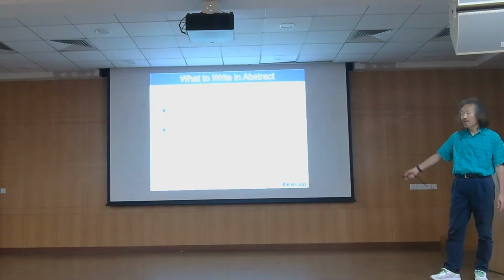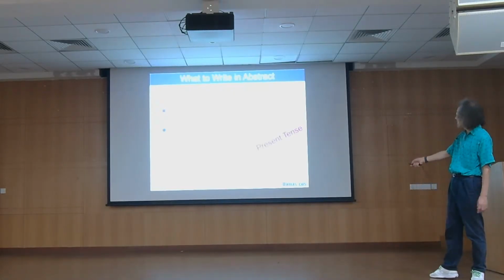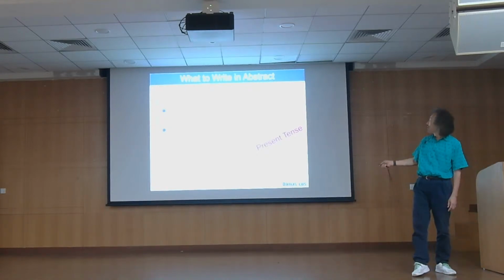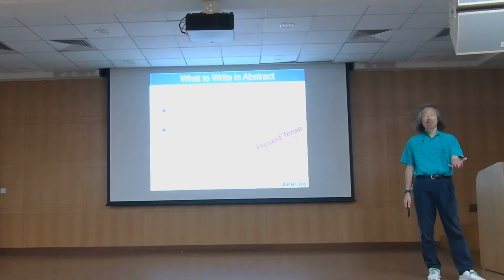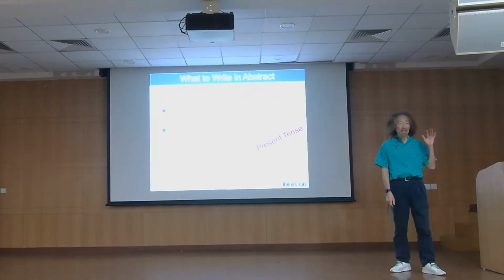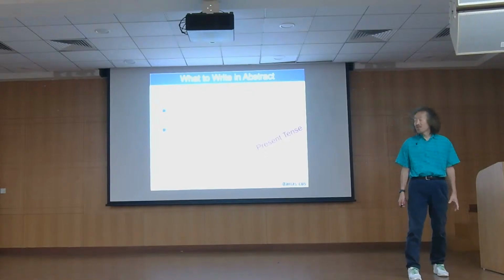So comparison is very important. And one more important thing is that you should use the present tense, because always the abstract is about your paper. Your paper is there, that's a fact. When you describe any fact, you are supposed to use the present tense. So that's why I said this paper proposes, right? This is the present tense.